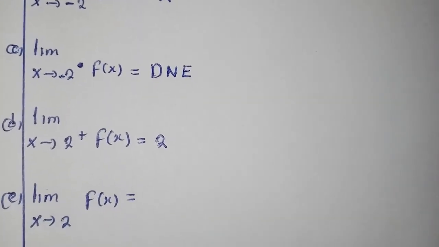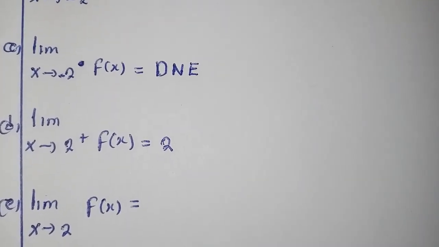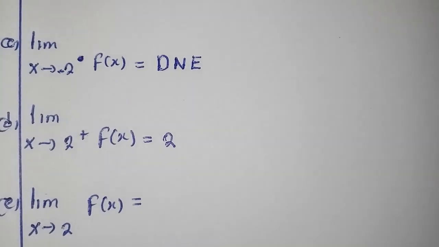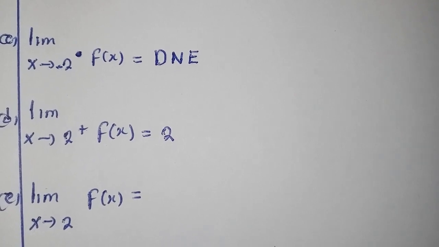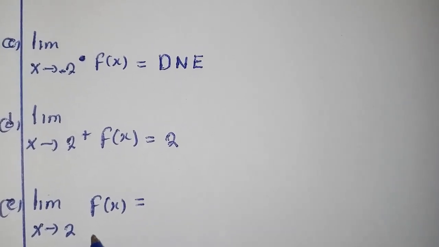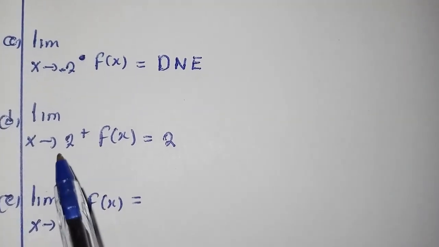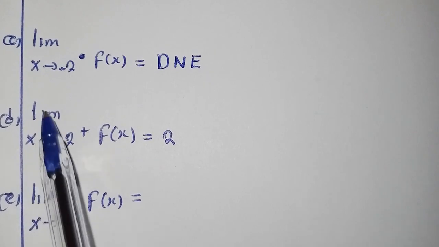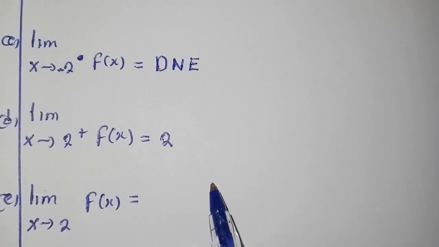Now, we have been asked to find the limit as x is approaching 2. What could be the limit as x is approaching 2? Okay, so to find the limit as x is approaching 2, we are going to imagine, because we don't know whether it exists or it doesn't. So let's try to imagine we approach this same limit, but this time around from the negative hand side.